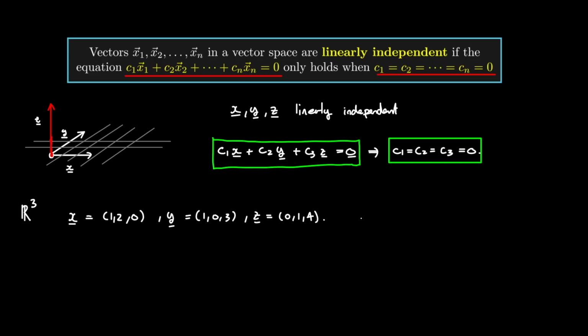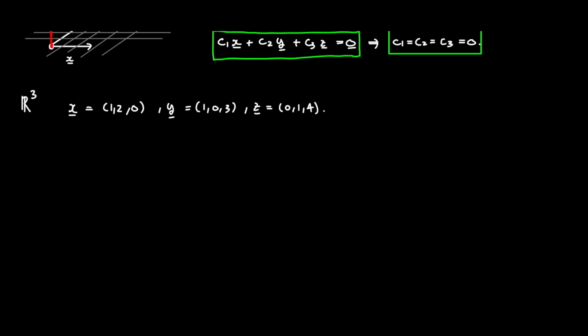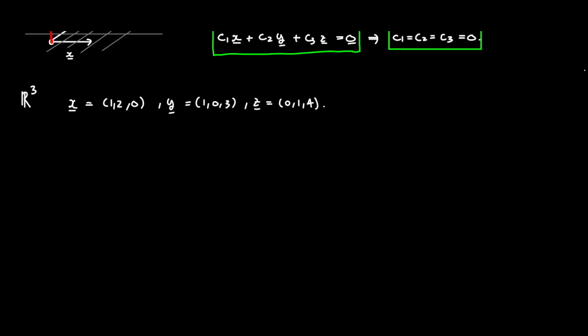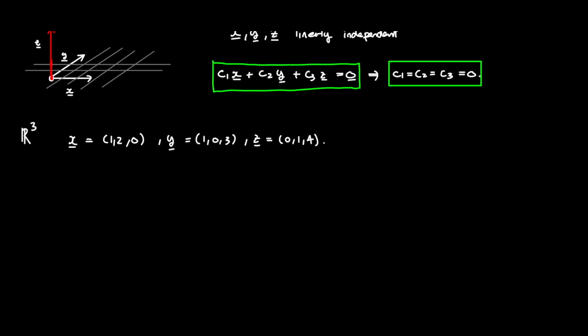And let's check. Are these vectors linearly independent, or are they dependent? I don't know. Let's check. So what do we have to do? Well, we have to, again, start with this premise here and make this conclusion. So we are going to start with the required premise.